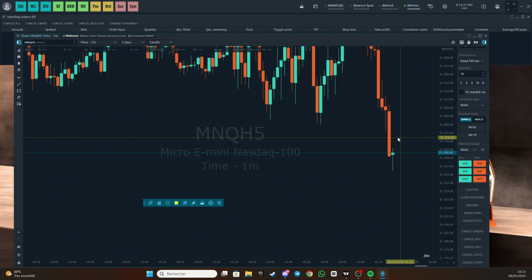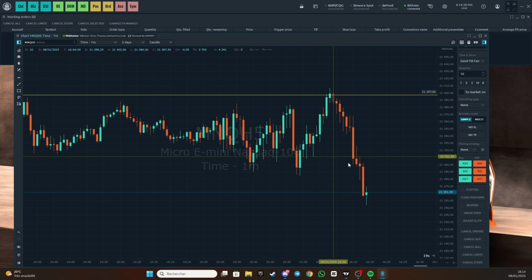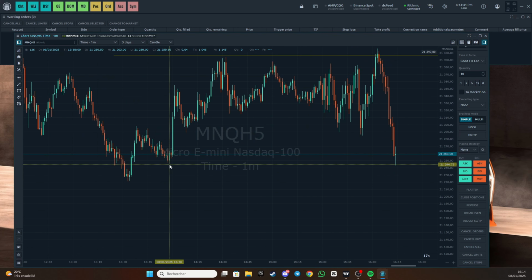Why I entered actually: this was the candle that closed above the high. When we closed under, we also inversed this fair value gap. I entered. Okay. So the TP for the CRT was here and it was hit. Okay. So it was a beautiful setup.